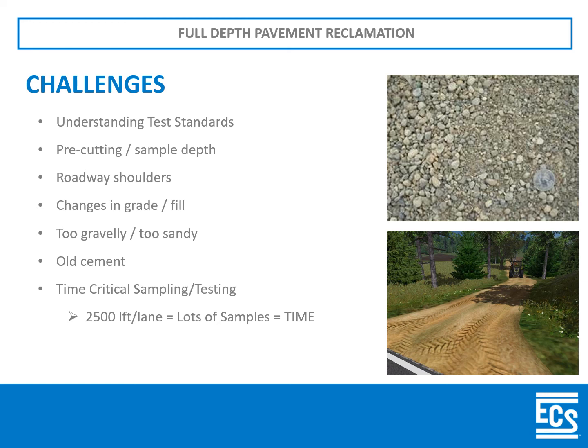Again, consider whether the matrix of the sample material is too gravelly or too sandy. There are different techniques that you can utilize to add aggregate back in, again, getting into multiple techniques at one time, or if it's too sandy, you need to add some fines to the material. I've seen issues before with old cement.